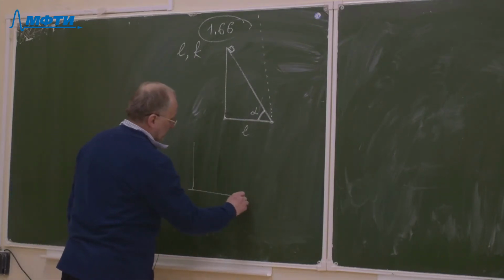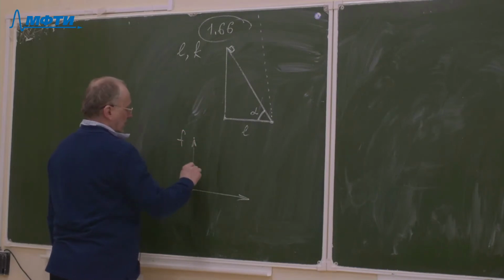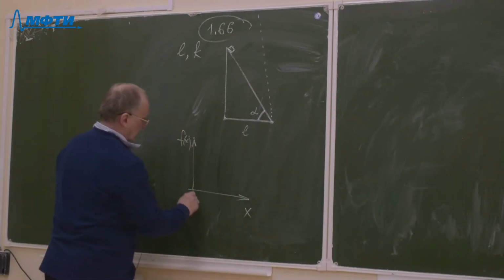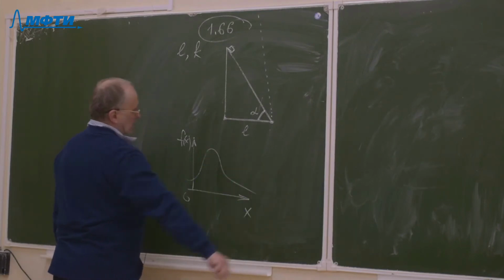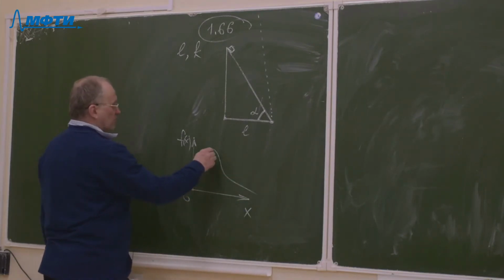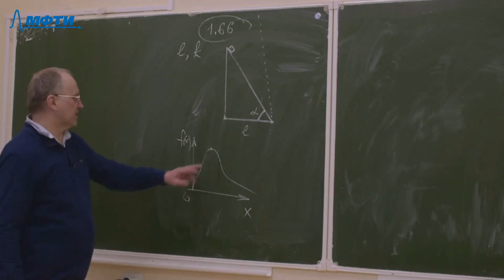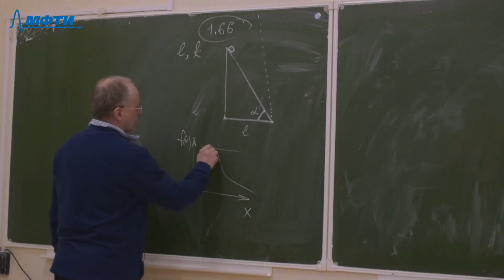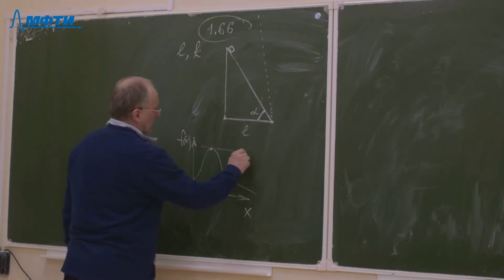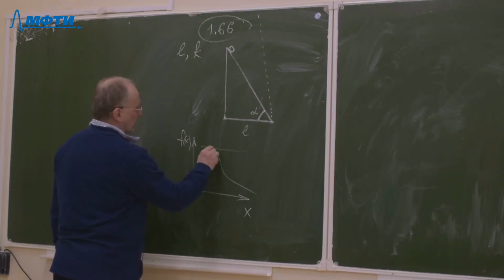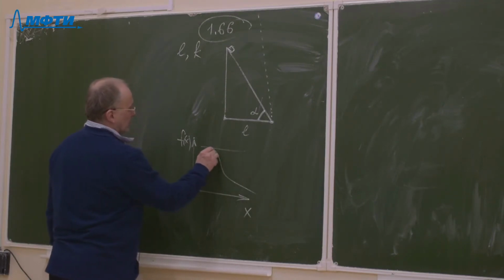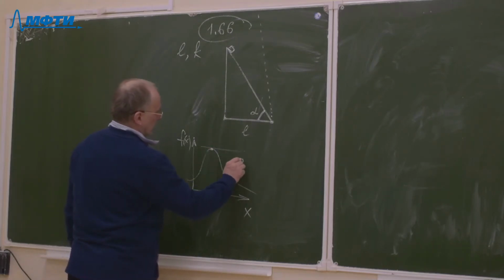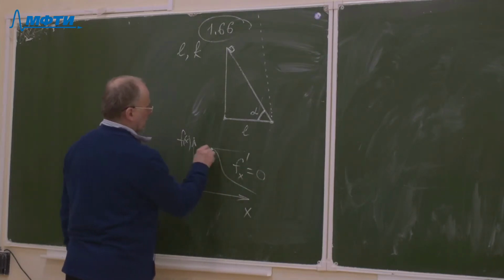whatever quantity you have, whatever function f of x, if there is some function, then the minimum or the maximum, I have taken the maximum, no problem, is characterized by the fact that the derivative is 0. The angle of the tangent line to the curve in this extremal point will be 0, and the derivative of f with respect to x will be 0 in this point.